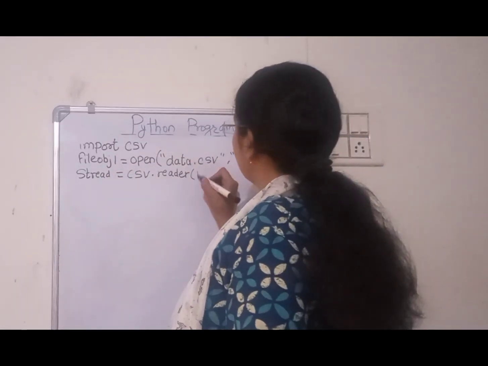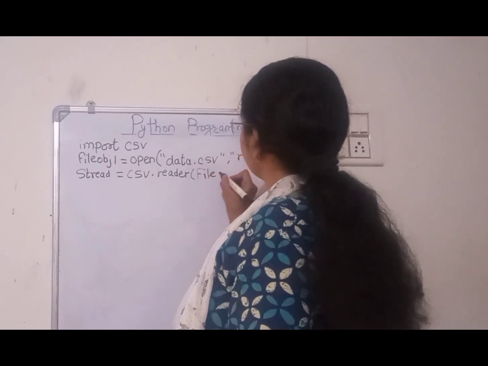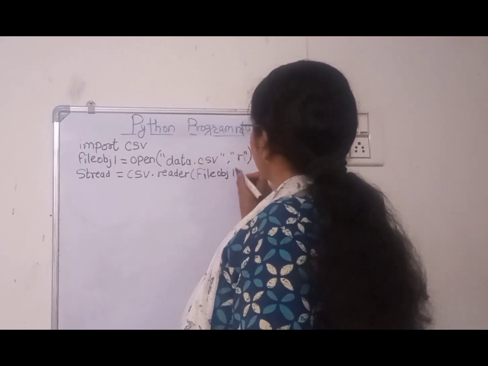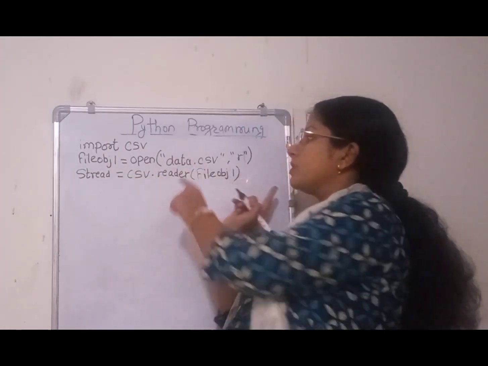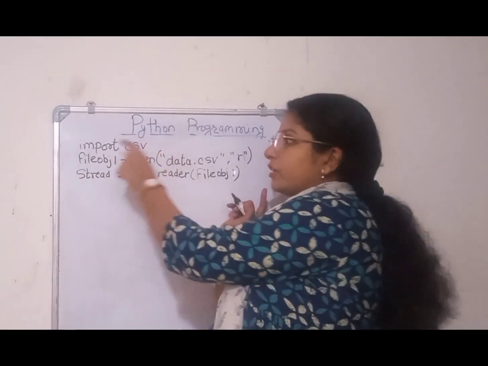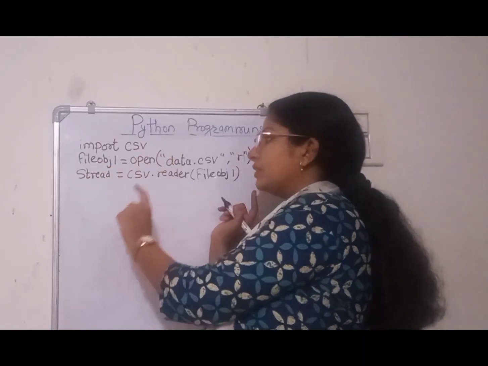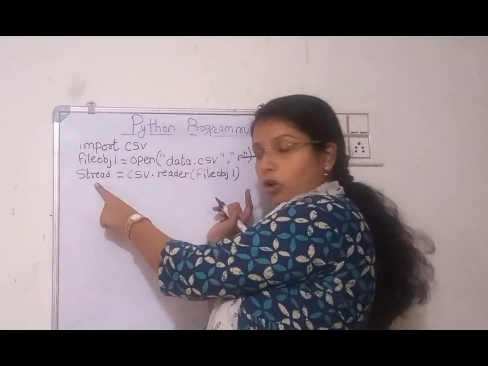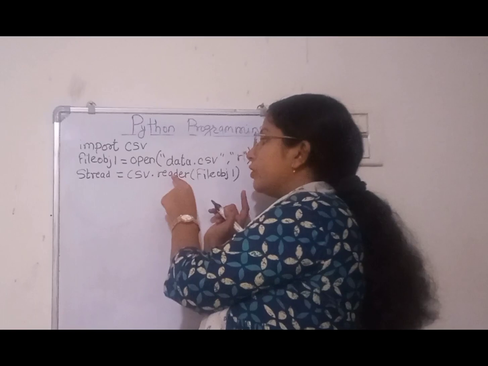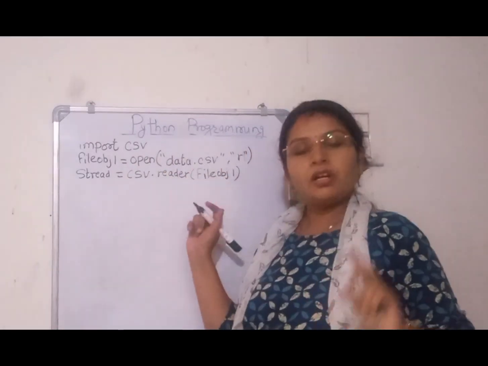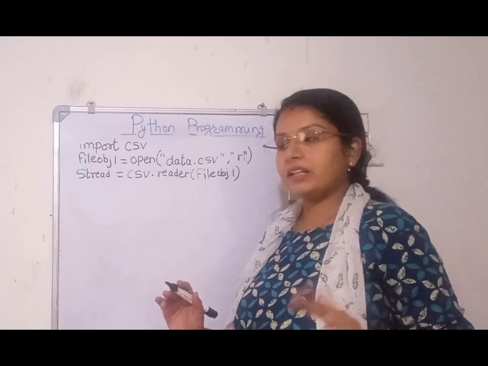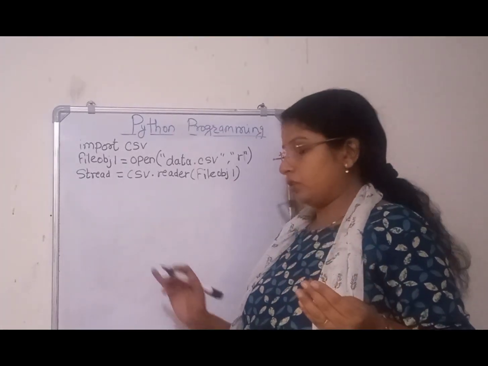So first you are saving the reference of this file into file object f1, and then you are creating the reader object with csv.reader, mentioning the file object f1. So you are successfully creating the reader object.